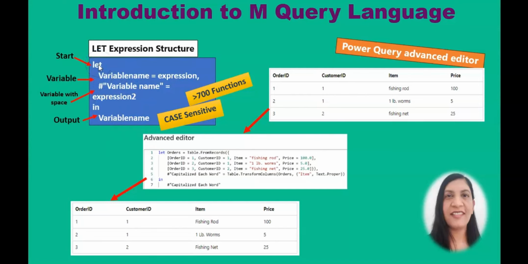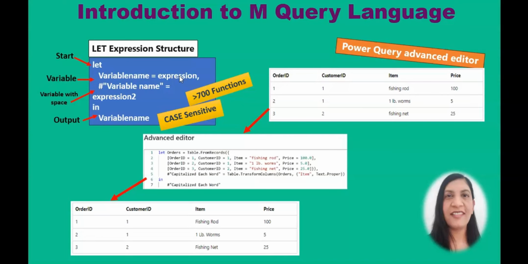Between the let and in, each line mostly declares a variable on the left hand side of the equals sign, and on the right hand side you have an expression. In other words, that is the action you want, and you carry out that action using M functions and the objects in Power Query like table, row, column. So I believe that you have a good understanding about Power Query.